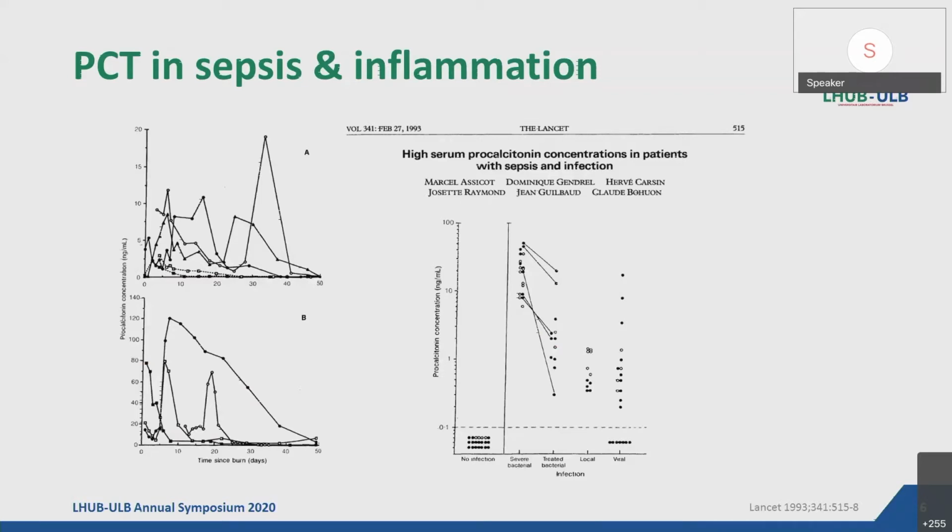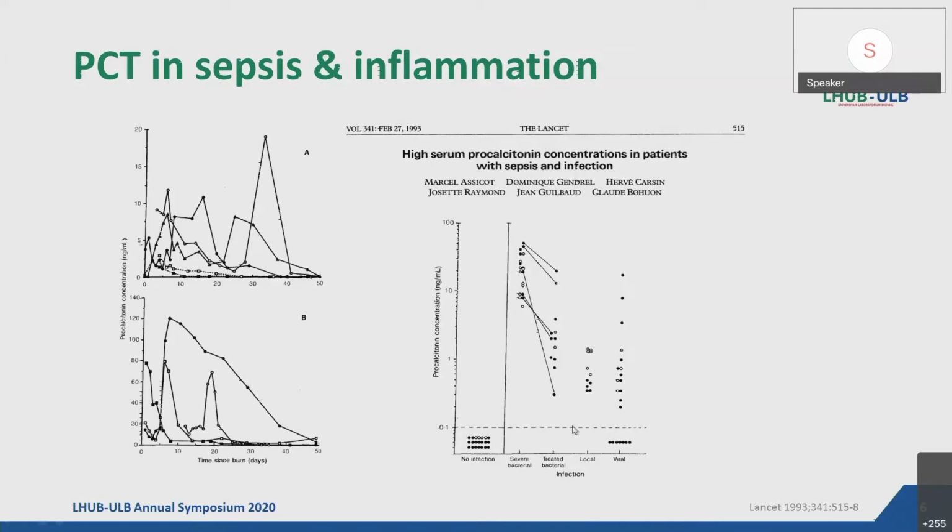And maybe more interesting, to the right, the same team in the same article described PCT levels in neonates and infants suffering from bacterial infection, and the evolution of these concentrations after treatment by antimicrobial agents.